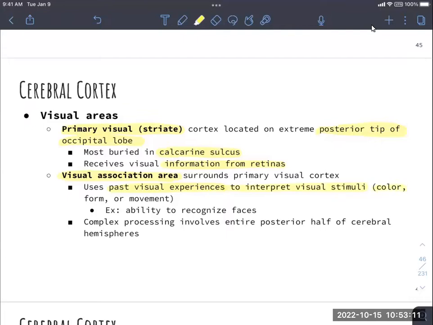It incorporates color, form, and or movement. Like that visual association area allows you to recognize the face of somebody you've seen before. It may not always help remember the name, but you can recognize somebody's face based off of that visual association area.